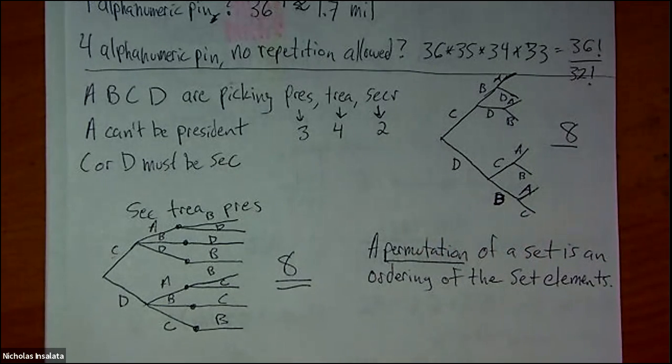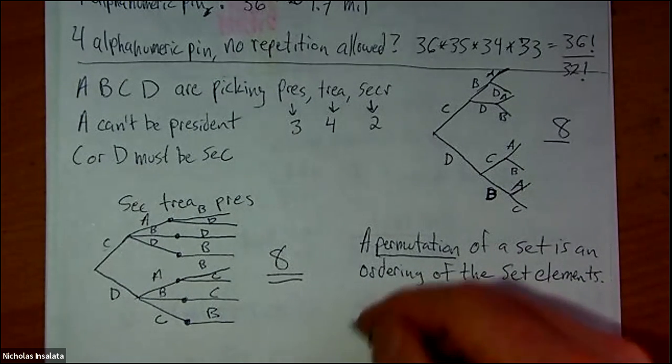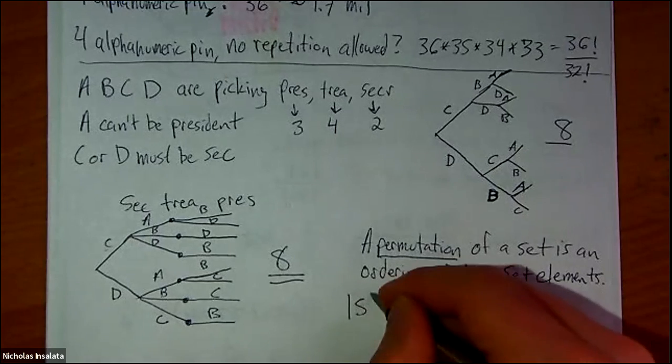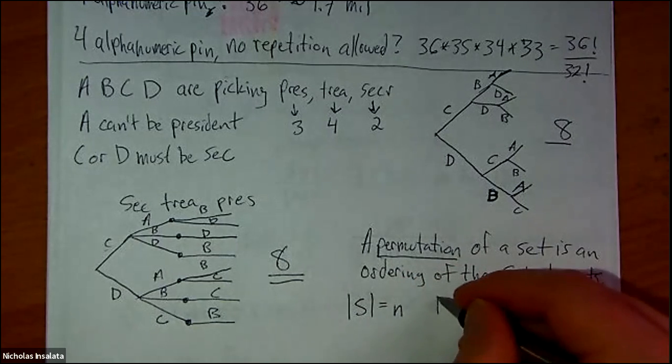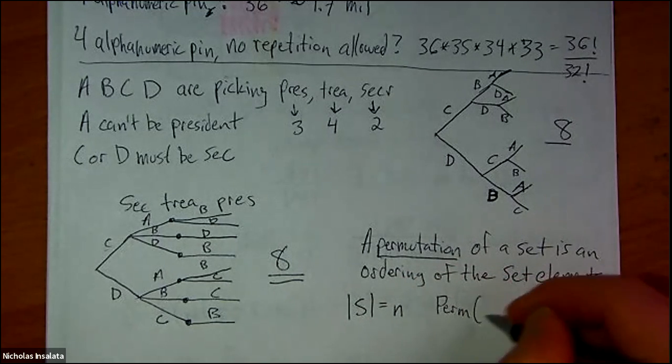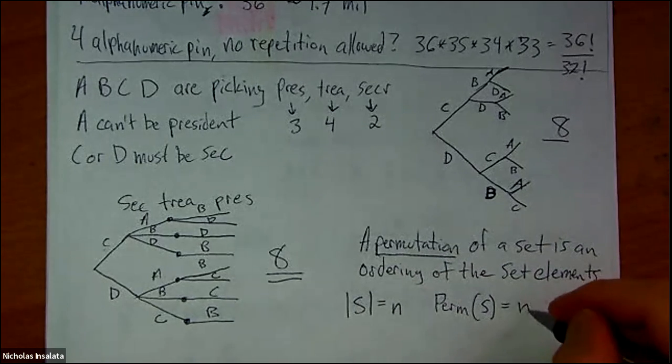Okay. And if you have a set of size, you have a group of, let's say, n items, right? So the size of your set equals n. What's the number of permutations of your set? N factorial. Very good, right?